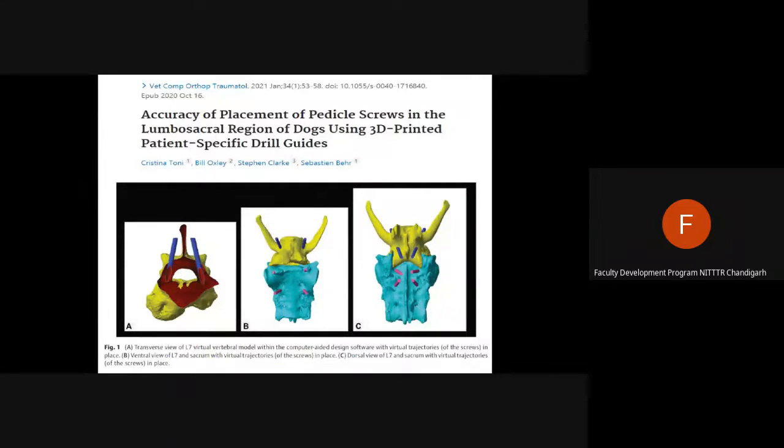They are practicing on the dorsal side as well as the ventral side on the models, deciding the direction of the screw, and based on it they create patient specific guides. This is a printed model on the right side, and they use the red guides, practice with them, then place the screw.